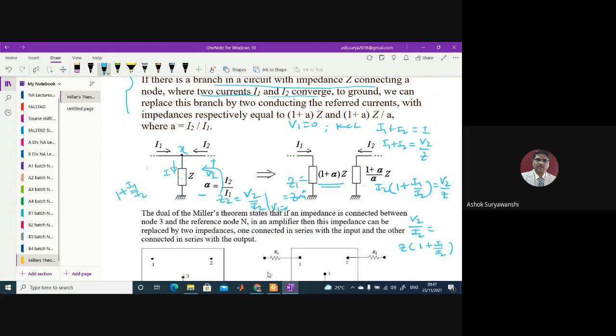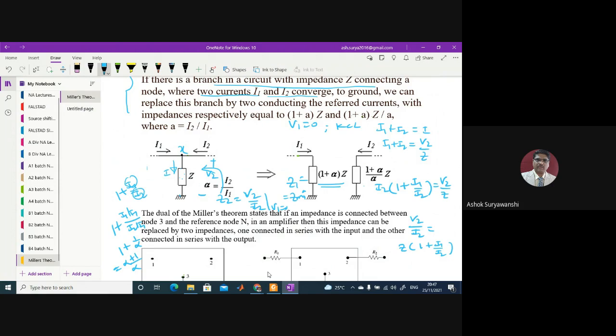If I take 1 plus, this is I1 by I1 and this is I2 by I1. So I can divide by I1, then I1 will cancel and I2 by I1 is alpha. So 1 plus 1 upon alpha is equals to alpha plus 1 upon alpha.